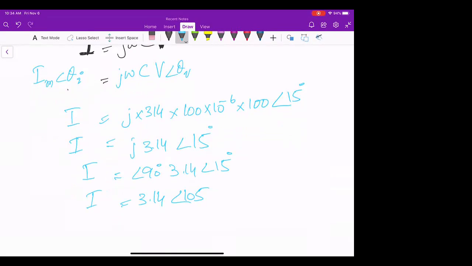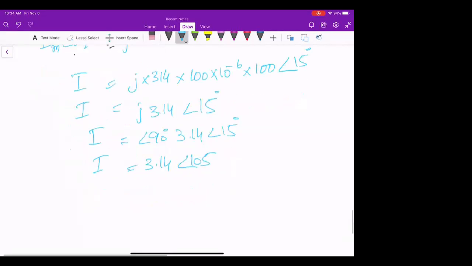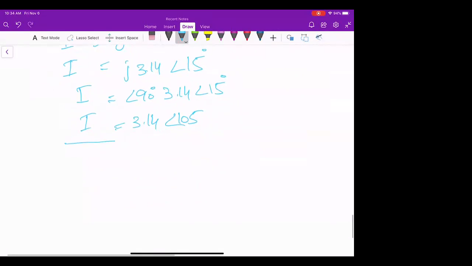So now we are at a very interesting point to define impedance and admittance. We already know it, but we have not officially defined it. So let's define it first.